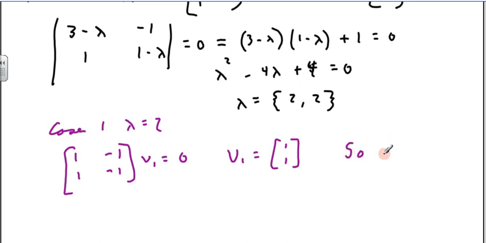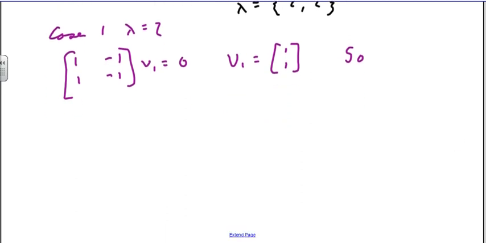So that means I'm deficient. So that means I can't do that. So I have to take A minus lambda I squared V2 is equal to 0 and see what I get.